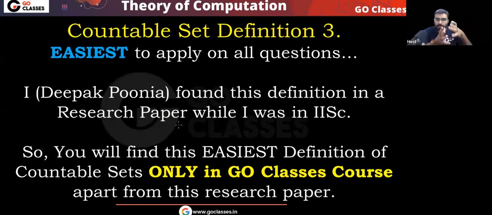Yes or no? You will not find it on the internet, on any website, or in any book. You will find it either in this research paper or in the GO Classes course. Okay, let's see what this definition is.